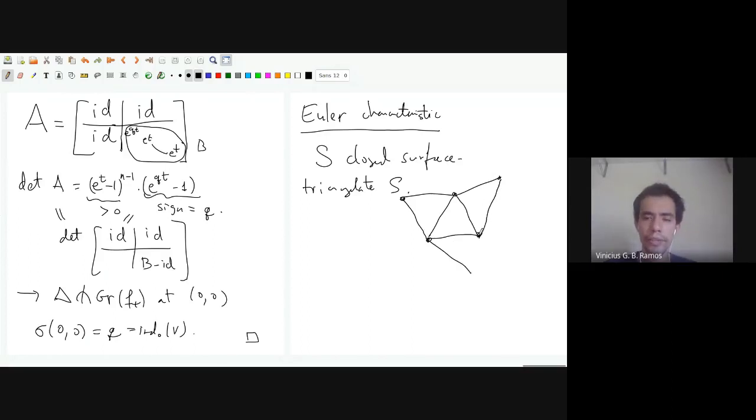But anyway, if you can triangulate a surface, then you have vertices, which I'm drawing in red. Then you have edges. And you have faces.